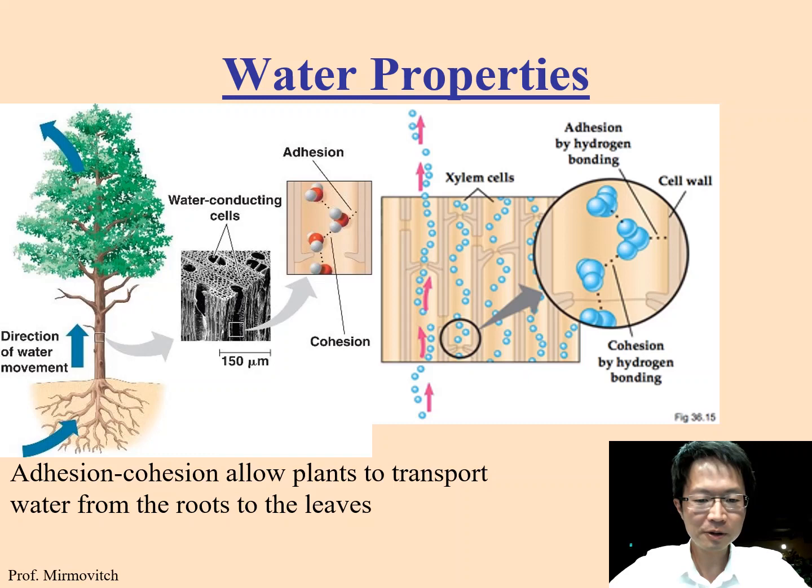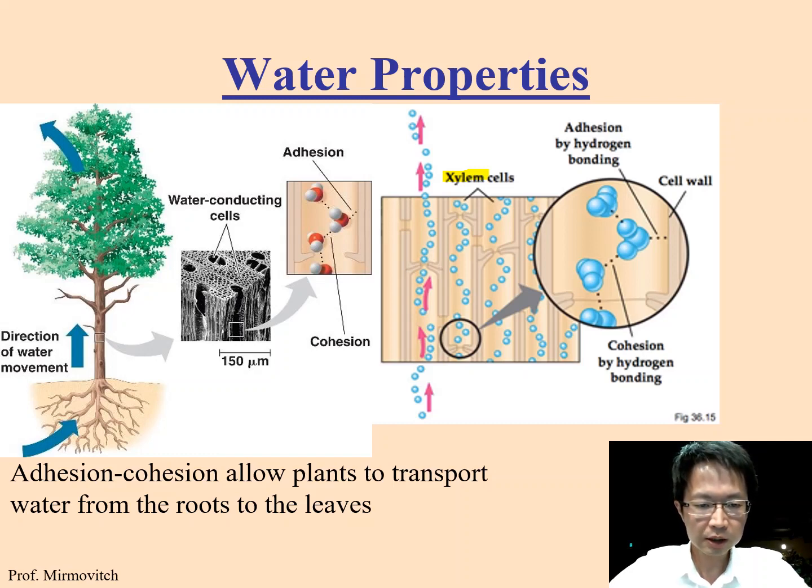So as I told you before, adhesion and cohesion allow plants to transport water from root to the leaves. So this is what happens. They use cohesion and adhesion, or we call it capillary action, in the xylem. Xylem is basically a capillary developed in the root, in the stems, and in the leaves of a tree.